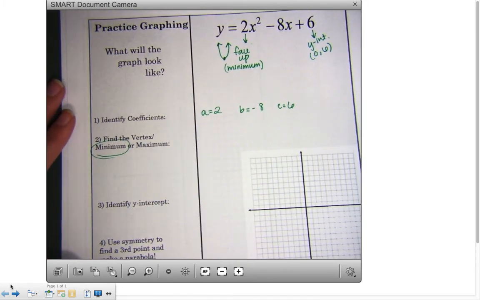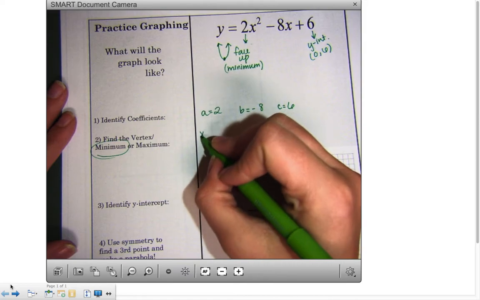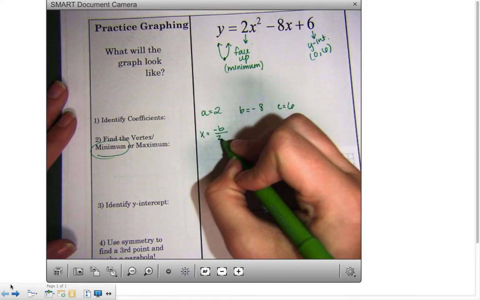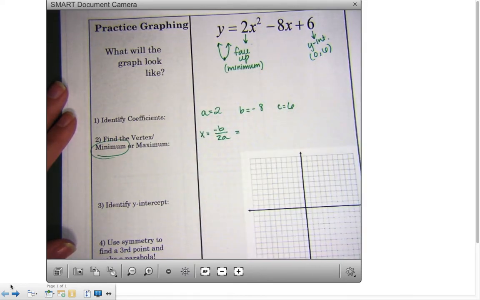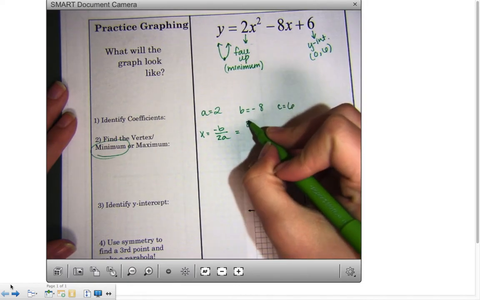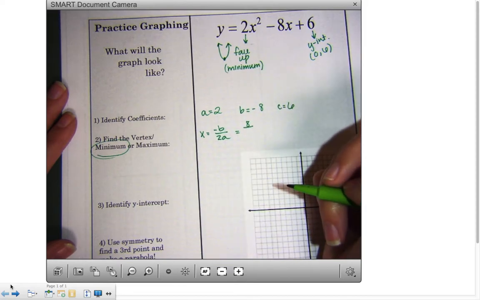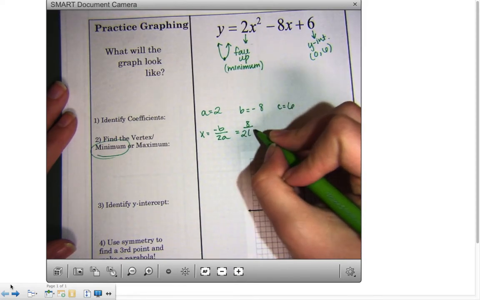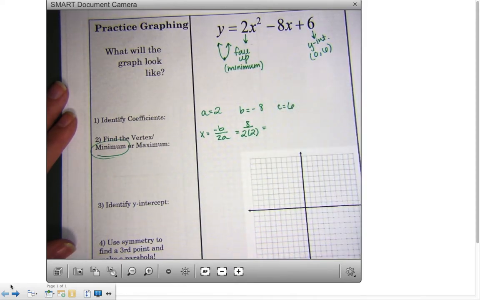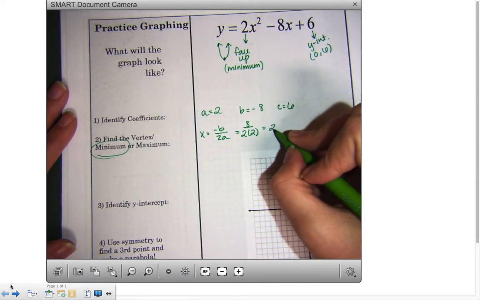So to find the vertex, I first find the x value. x equals the opposite of b over 2 times a. The opposite of b is 8. It was a negative 8. Multiply that by a negative 1. It's positive 8. Over 2 times a is 2. So 8 divided by 4, your x value is 2.